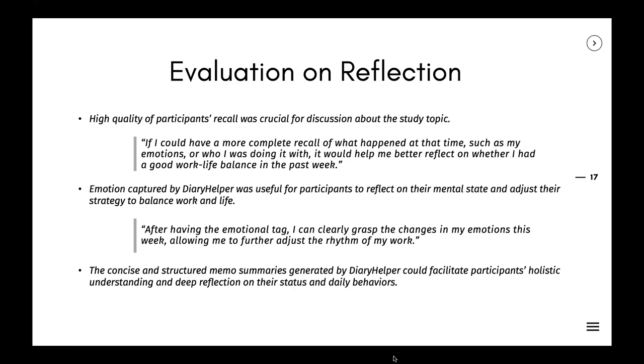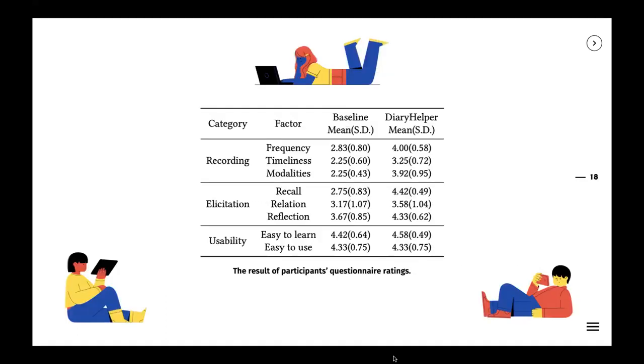Finally, the concise and structured memo summaries generated by DiaryHelper could facilitate participants' holistic understanding and deep reflection on their status and daily behaviors. Here is a summary of the participants' questionnaire ratings. We can see that DiaryHelper showed a better performance based on participants' subjective feelings.